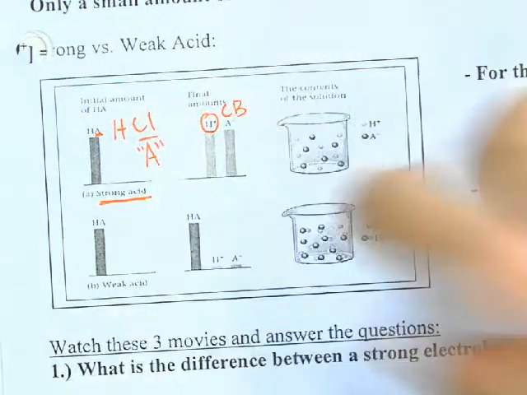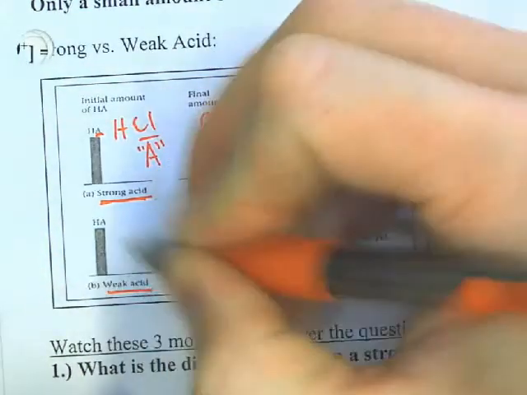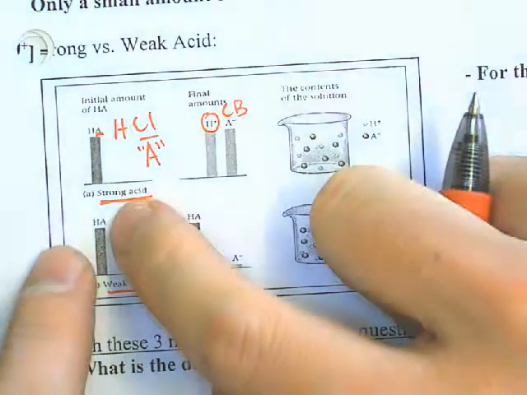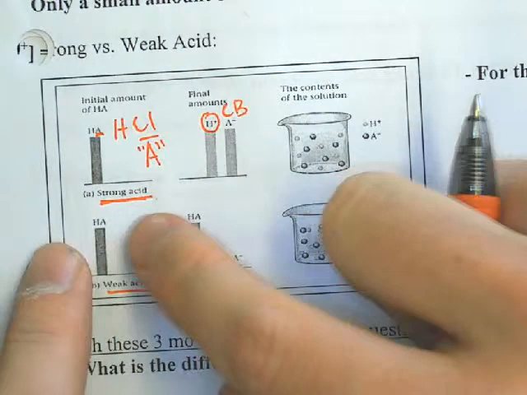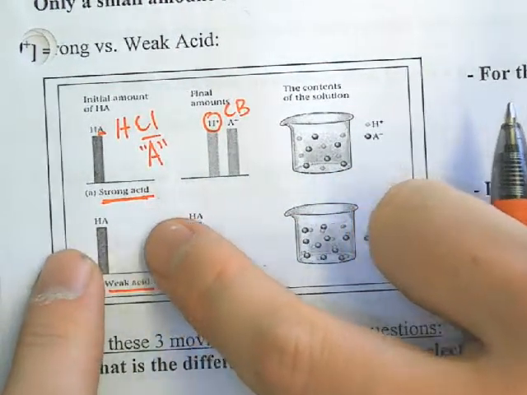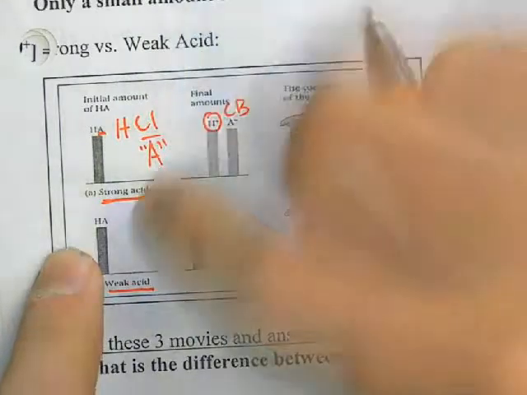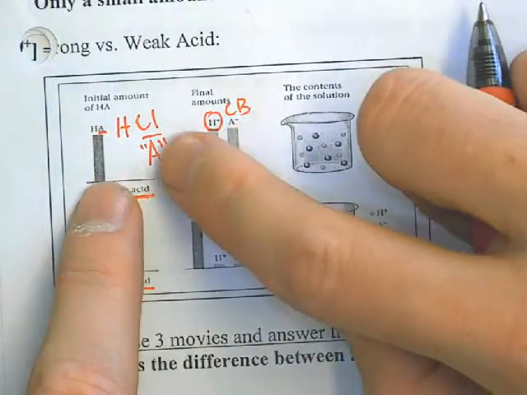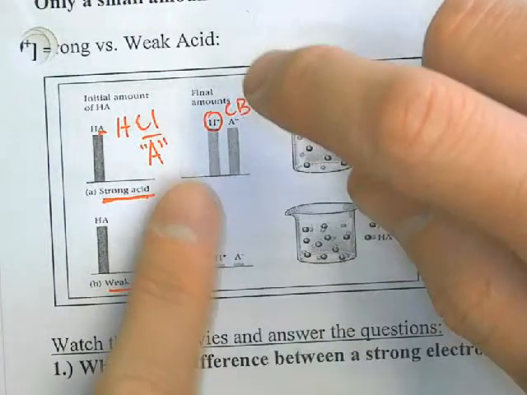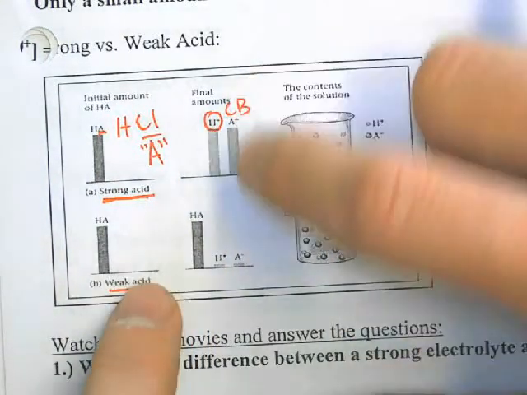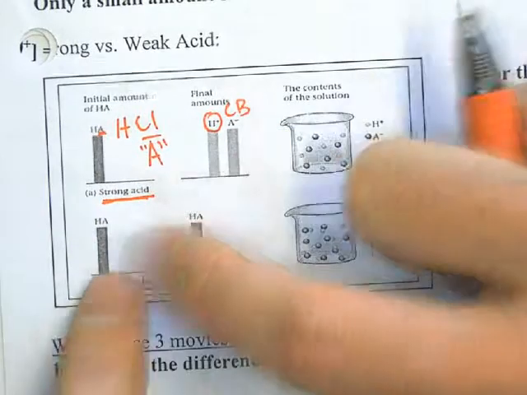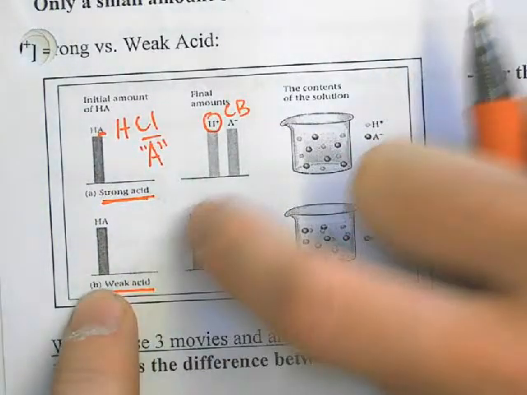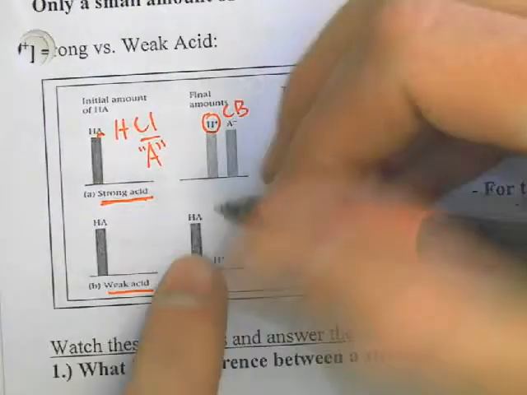Now for your weak acid, you start off with the same amount of HA, but instead of completely dissociating, notice how much HA is left on this side for the strong acid. Is there any left? None. It completely dissociates. Whereas for the weak acid, there's still some HA left.